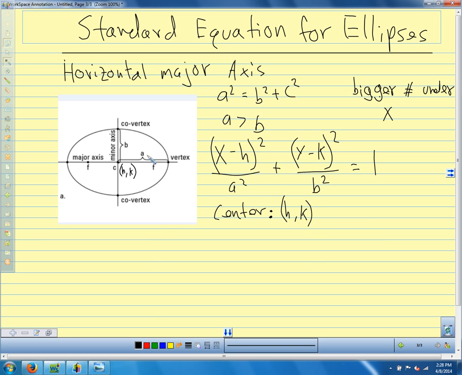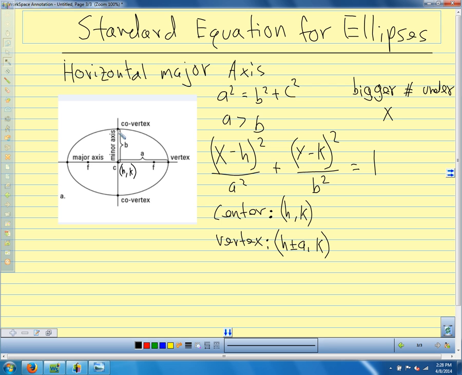The number a tells us how far right and how far left to move to get to a vertex. So our vertex is going to be at the point h plus or minus a, k. We're moving right and left from the center by a units to get to the vertex.